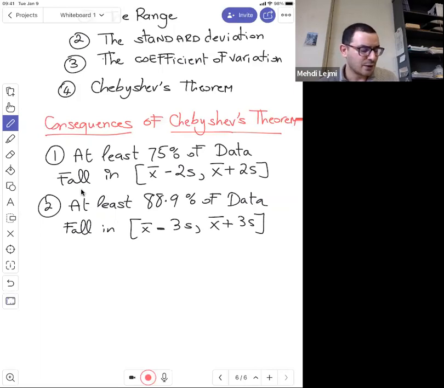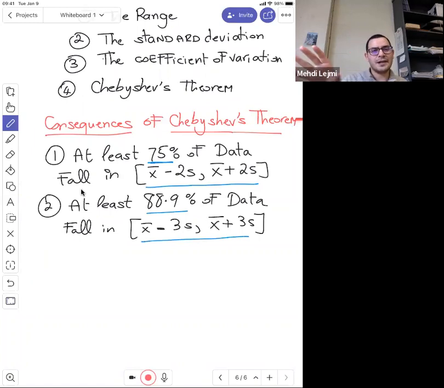But each percentage corresponds to a different interval. The 75% corresponds to the interval x bar minus 2s, x bar plus 2s. The 88.9% corresponds to x bar minus 3s, x bar plus 3s. So if you see 75% in the problem, you use x bar plus or minus 2s; if you see 88.9%, you use x bar plus or minus 3s.